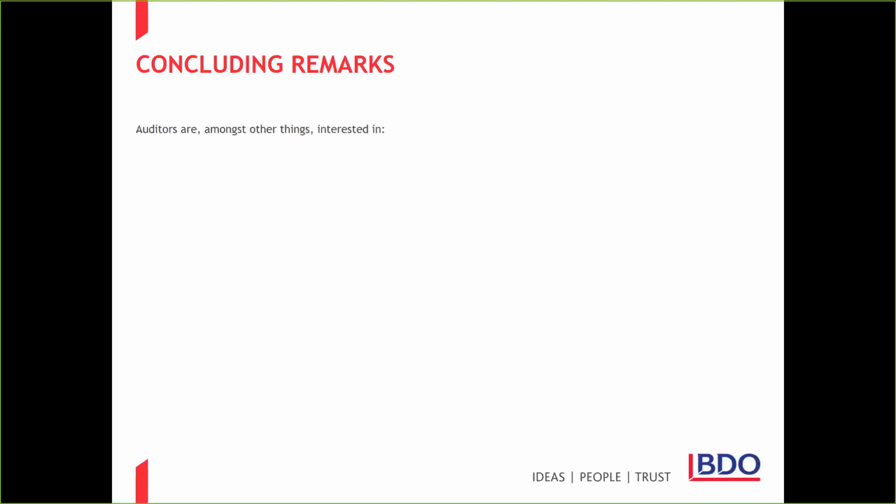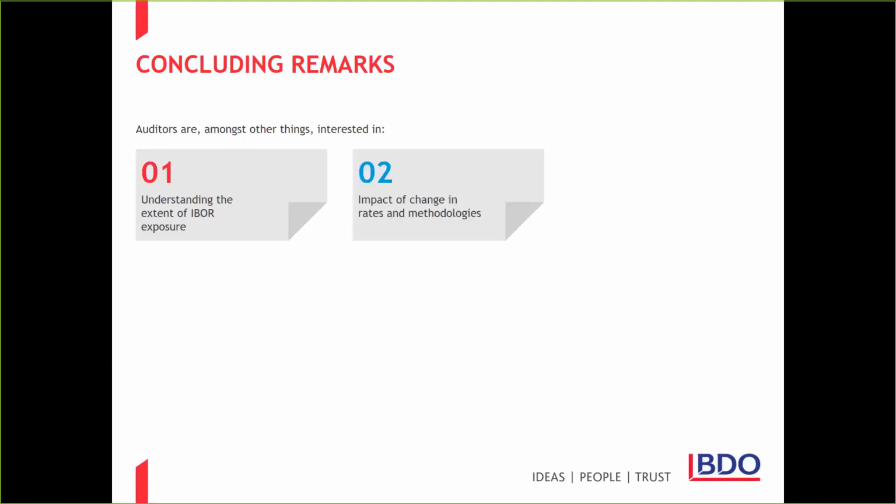And finally, your auditor will be interested in a number of things, including understanding the extent of your interbank offered rate linked exposures. How is the impact of rate and methodology changes being assessed and implemented? How are you interpreting and applying accounting requirements?